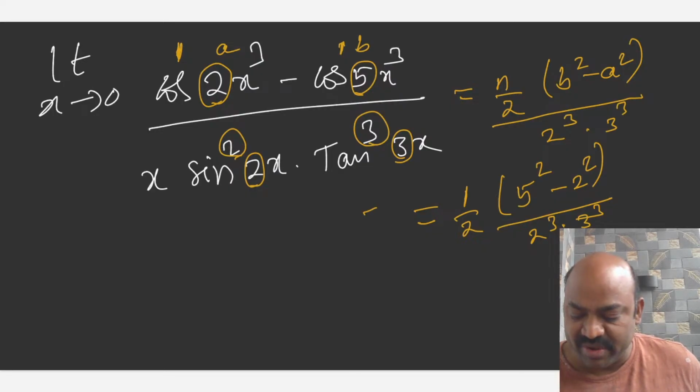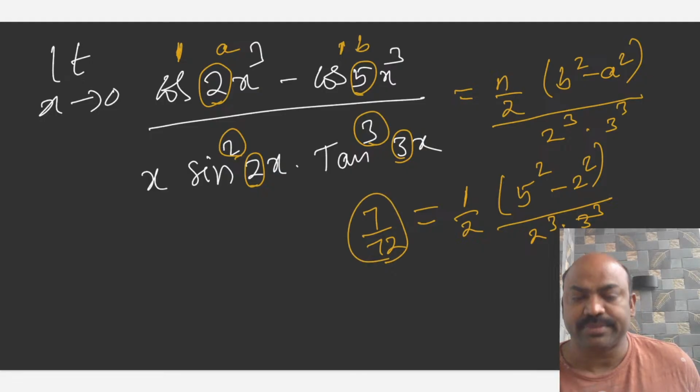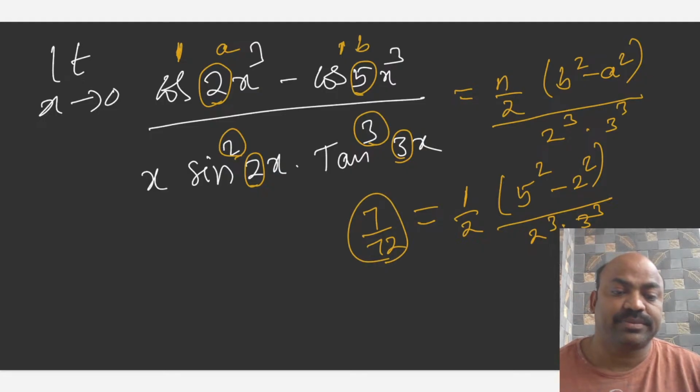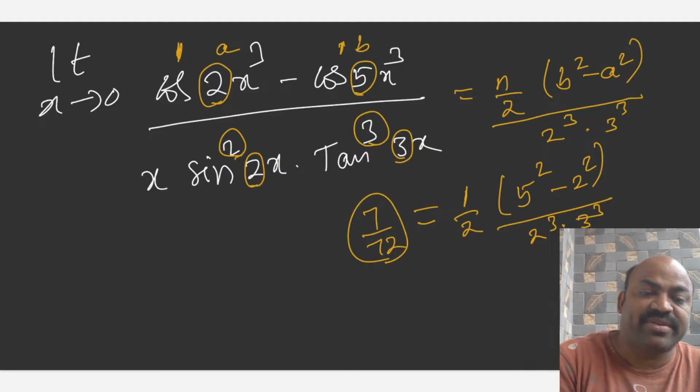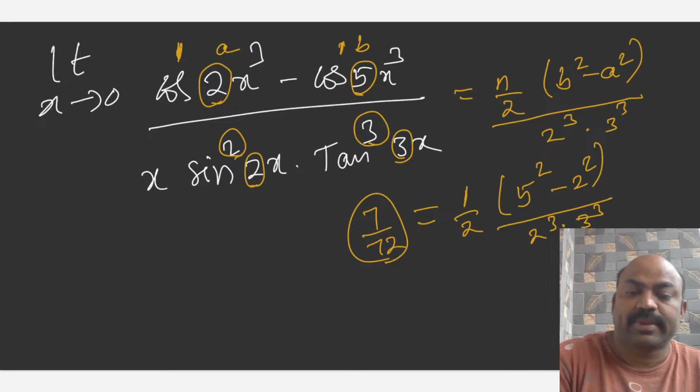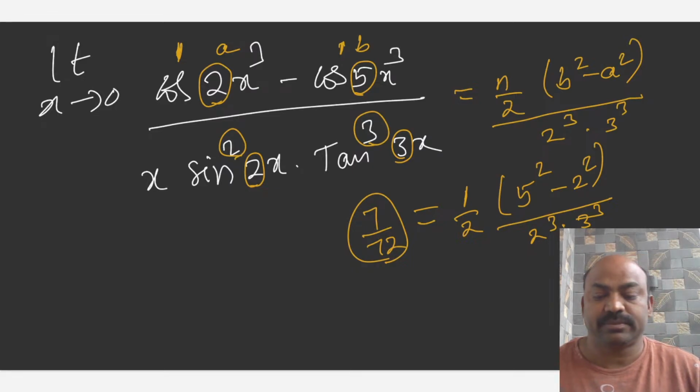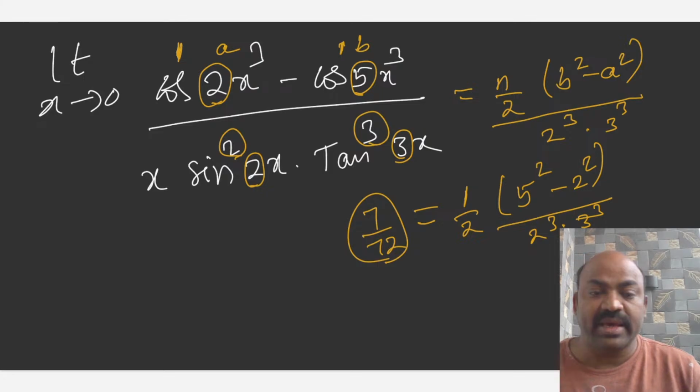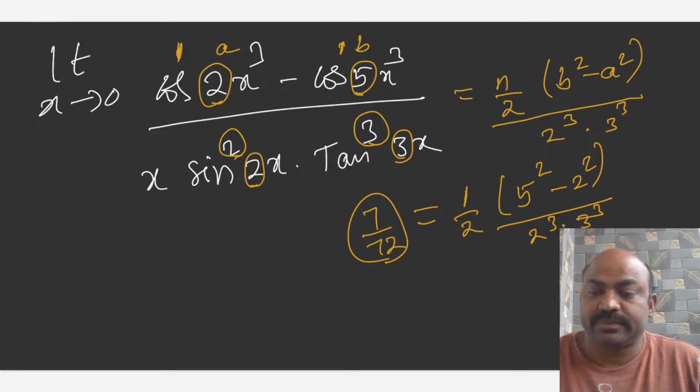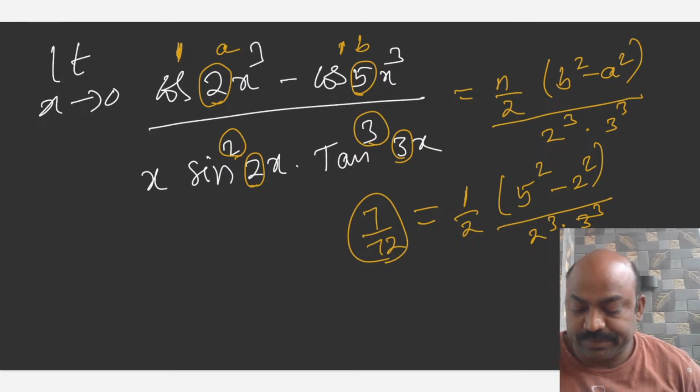So the answer is 7 by 72. Just check it. Have you got that or not? 7 by 72. Clear? So something like this I have.